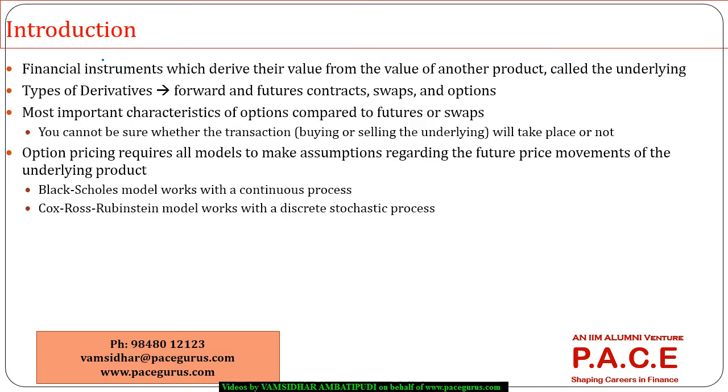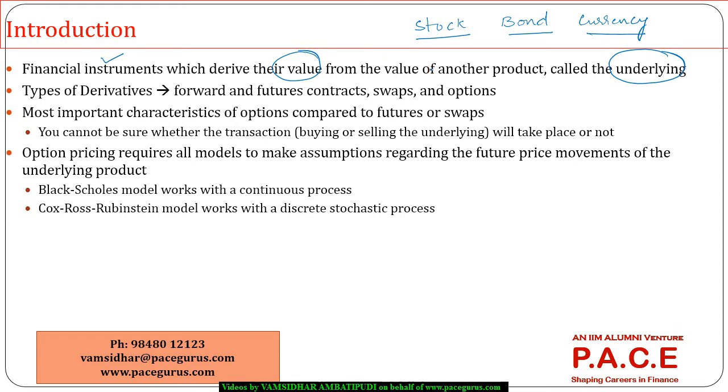The definition says they are financial instruments which derive their value from the value of the underlying. So we have a stock as an underlying, we have a bond as an underlying, we can have currency as an underlying. So there could be various asset classes which are the underlyings.